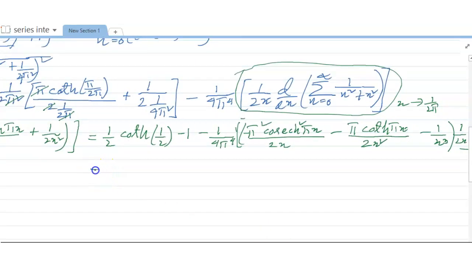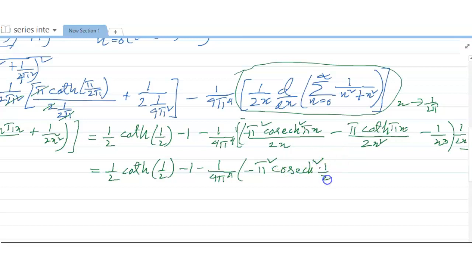Now just putting the value, half into coth half minus 1 minus 1 by 4 pi whole to the power 4, and it should be minus pi square cosech square half, and putting in here 2 into 1 by pi square.